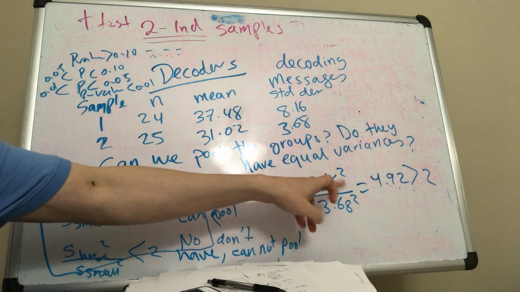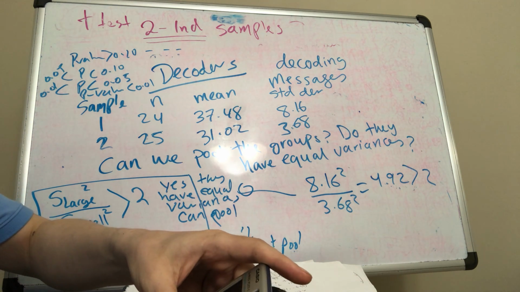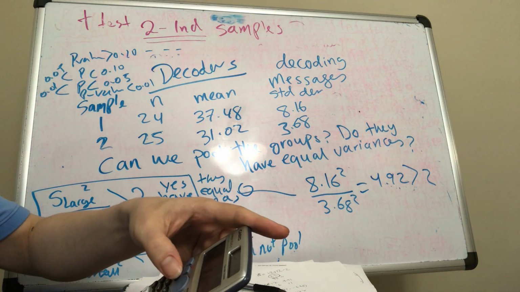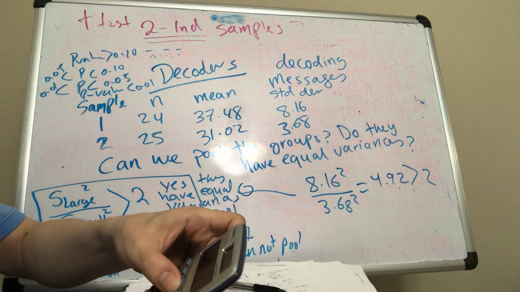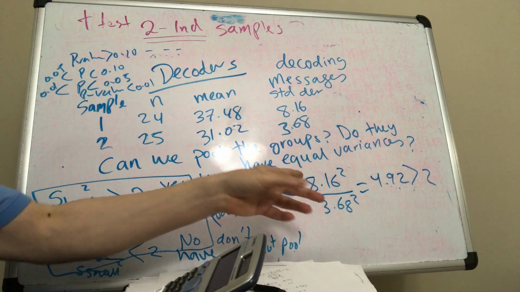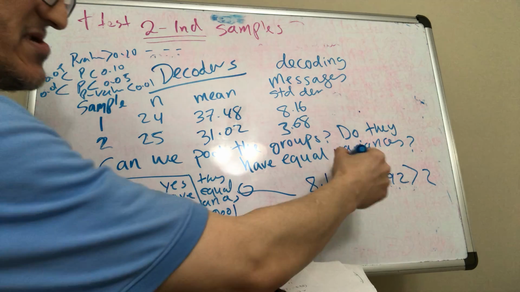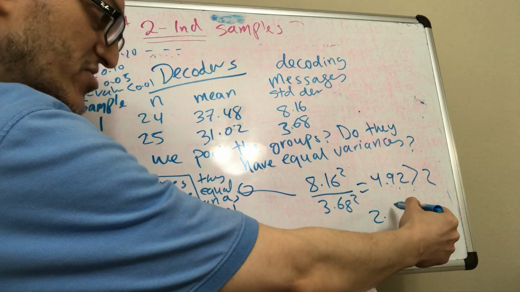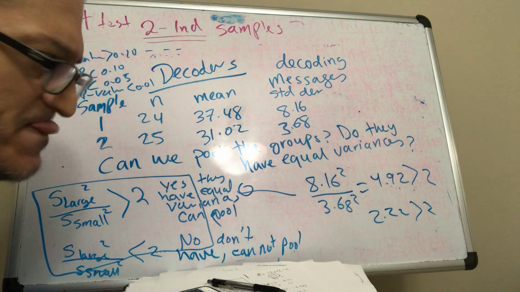In some instances, they could just take the numbers without squaring, so just the 8 over 3, no squaring. But even if you don't square, you get 2.22, that's more than 2. So it usually doesn't matter.